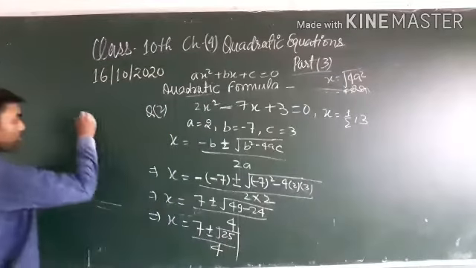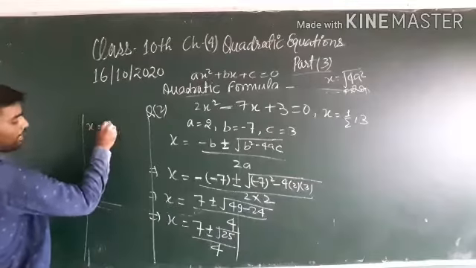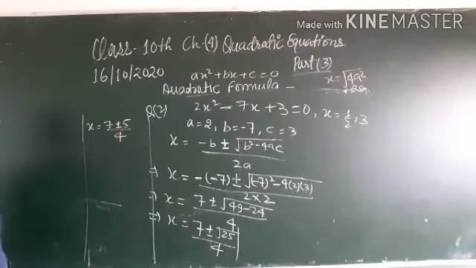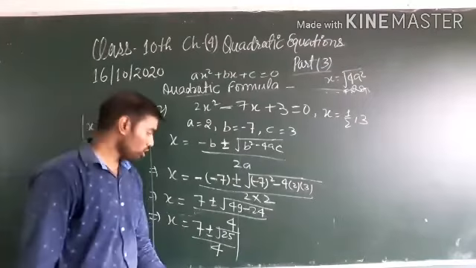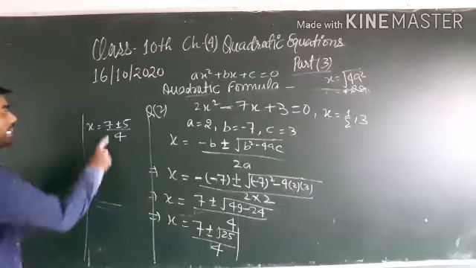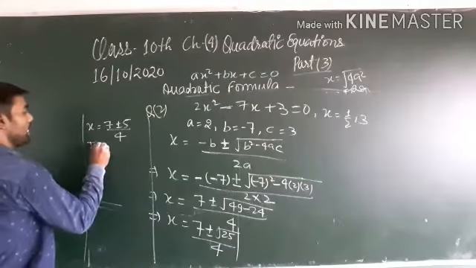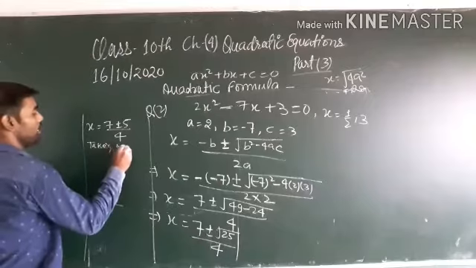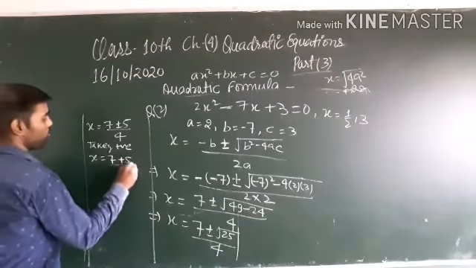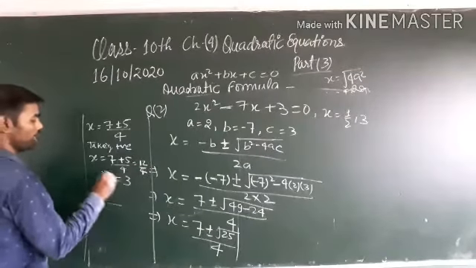So we get x is equal to 7 plus minus 5 by 4, because the square root of 25 is equal to 5. So there are two signs, plus and minus. First taking the positive sign, x is equal to 7 plus 5 by 4, that is 12 by 4, so x is equal to 3.